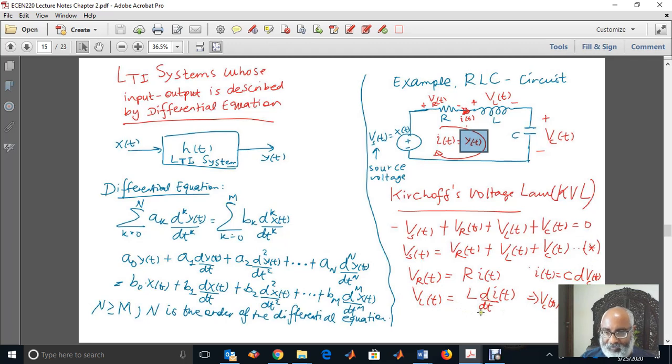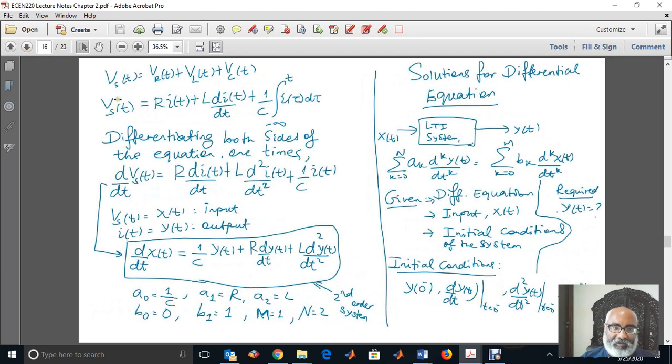Now we substitute here: R i of t, L di by dt, and Vc of t as this one. Then what kind of equation do we have? Vs of t equals R i of t plus L di by dt plus 1 over C times the integration of the current. This kind of equation we call an integral differential equation because it has integration and differentiation.